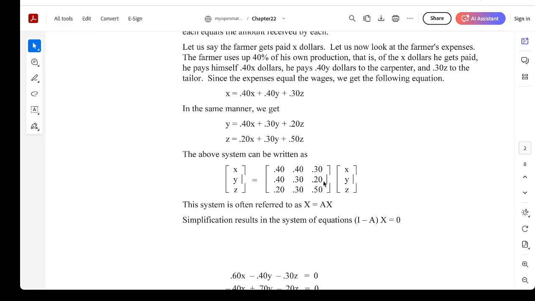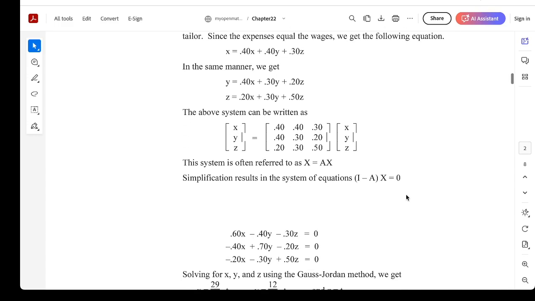The matrix is the IO matrix we just created, and the vector is the same vector that appears on the left. Now you can refer to that as x equals Ax. In one line they say simplification results in the system of equations (I minus A) times x equals 0. I think we need to say a little more about what that simplification is about.